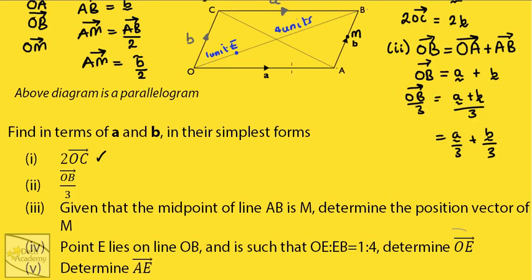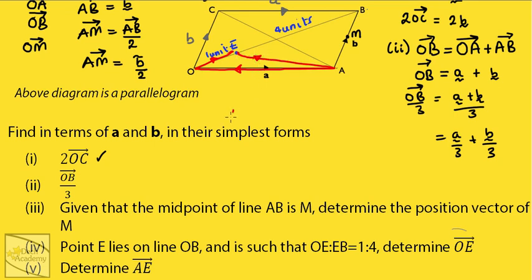Finally, we need to determine the vector AE. So let's see, AE. If you go from A to O, that's one vector, and then O to E, the resultant vector is the vector AE.